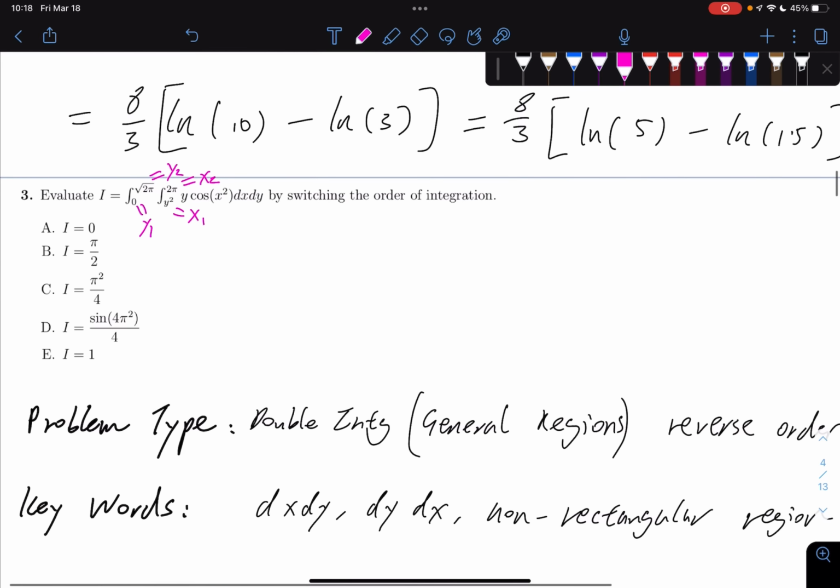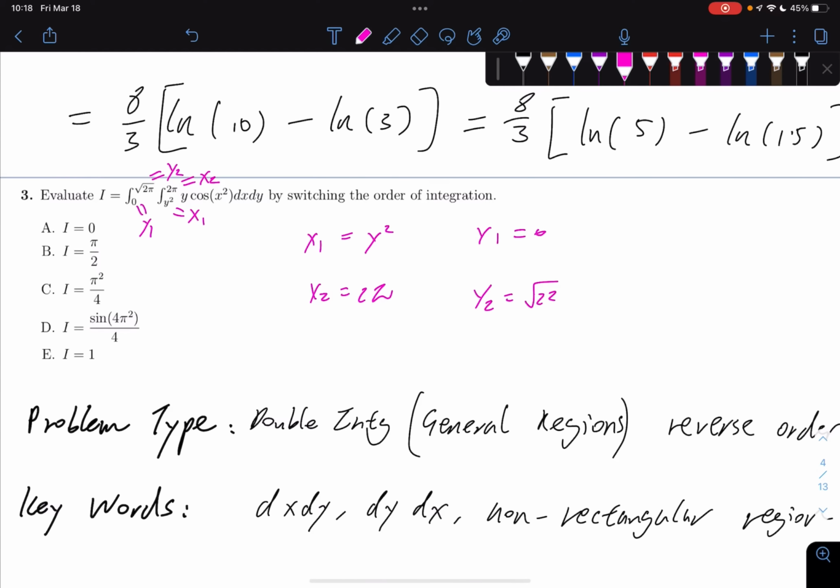So x1 equals y squared, and then x2 equals 2 pi, and then y1 equals 0, and then y2 equals root of 2 pi.